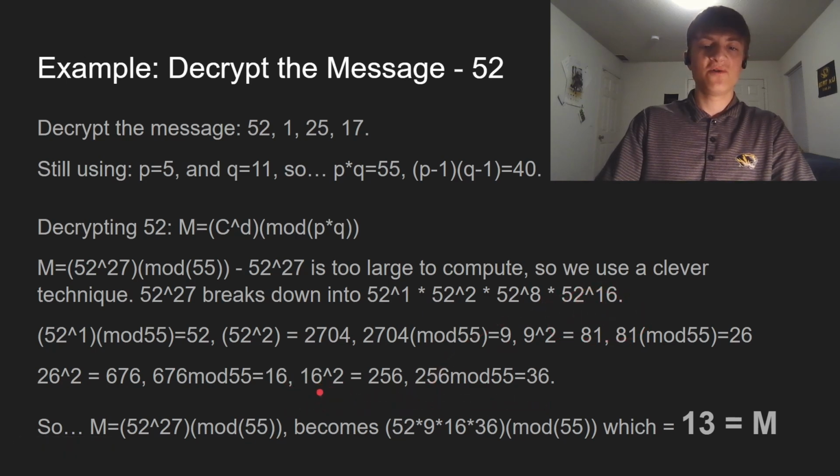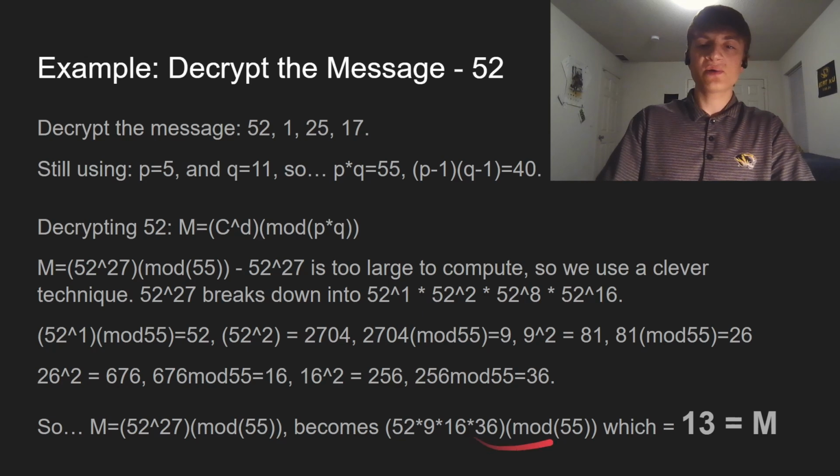This is our 5th iteration. We do 16 squared, which is 256, and 256 mod 55 equals 36. So our 52 to the 27th mod 55 breaks down to all of these.